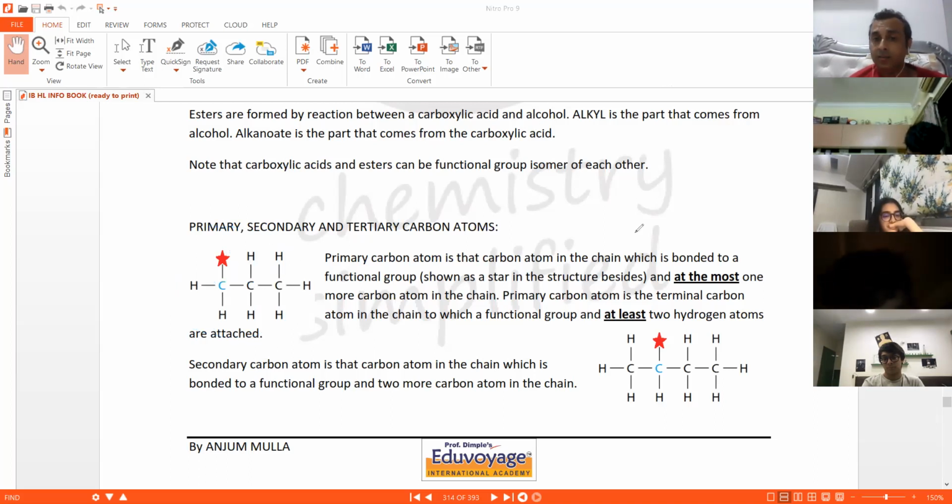Secondary is that carbon atom which is bonded to two carbon atoms. If the star is bonded to that carbon atom which is further bonded to only two carbon atoms, this carbon atom becomes my secondary carbon atom, and the compound becomes secondary class.